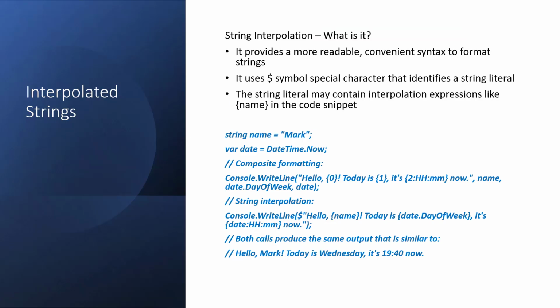Now again, coming back to this code snippet, if you look at these two formats, composite formatting and string interpolation, you would definitely say that string interpolation looks elegant and is easier to read. So beginning with C# 10, when an interpolated string is used, the compiler checks if the interpolated string is assigned to a type that satisfies the interpolated string handler pattern.